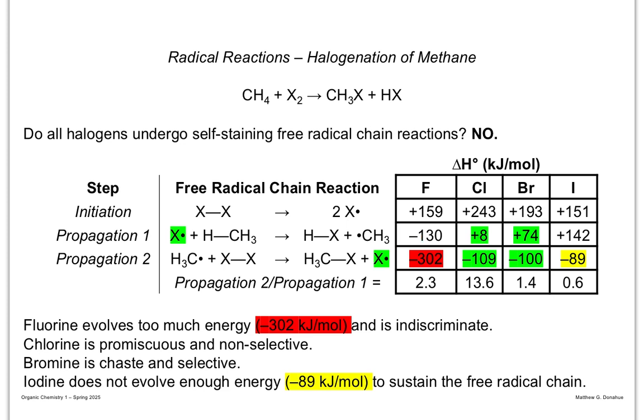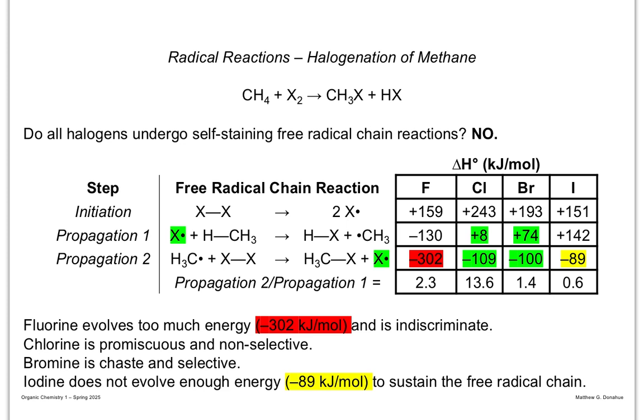The second row, remember, you're breaking a bond, and then you're making a bond, and so what changes is your value of X. So you're looking up for that first column, F in particular. So those values all change depending on the halogen. And then the third row, again, how is the methyl radical cleaving the X2 bond and then forming the CX bond.